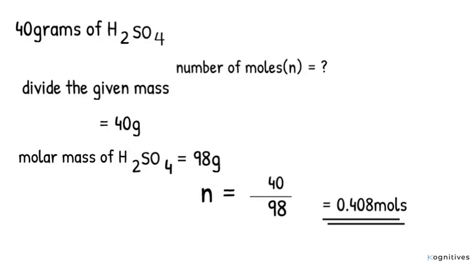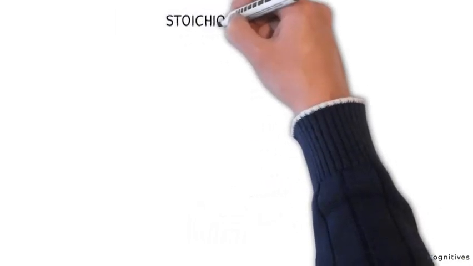So right about now, I am going to teach you stoichiometry. Have you heard of that term before? Stoichiometry is an aspect of chemistry that students find so difficult. But in the next few minutes, I will present to you stoichiometry in the easiest format possible. So what is stoichiometry?